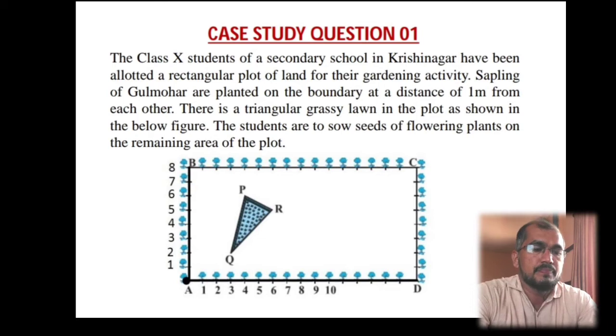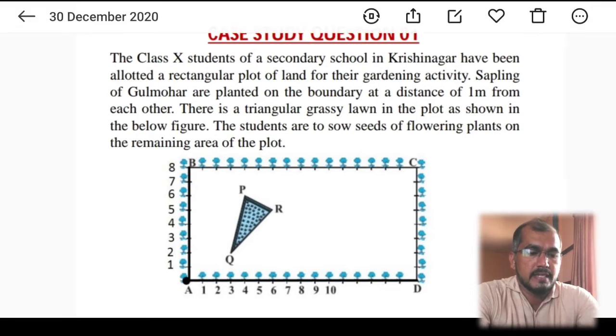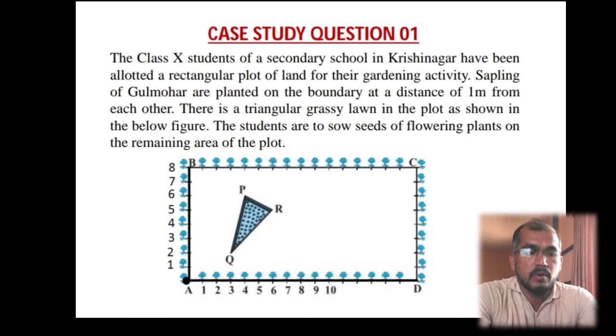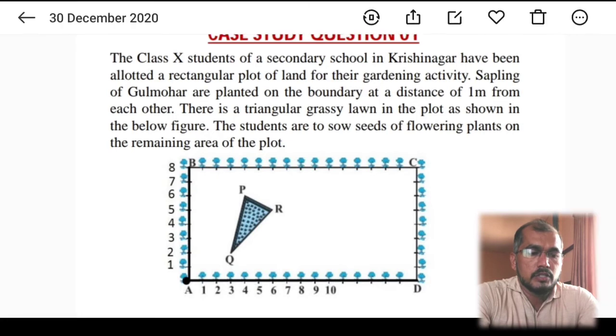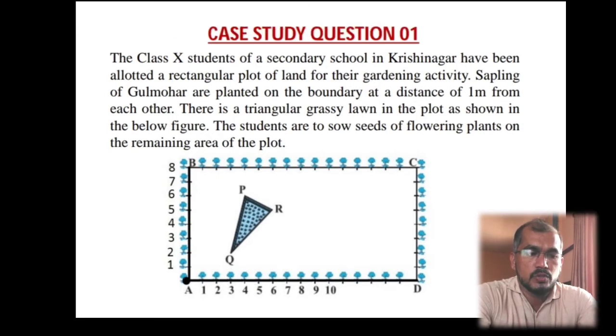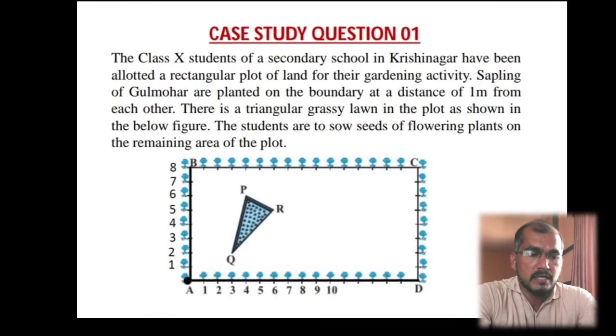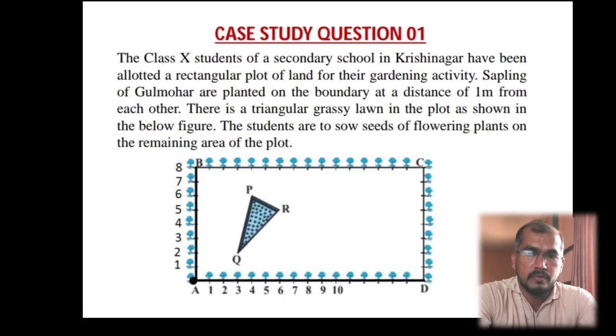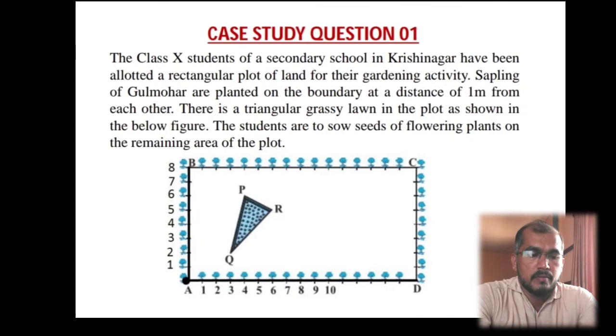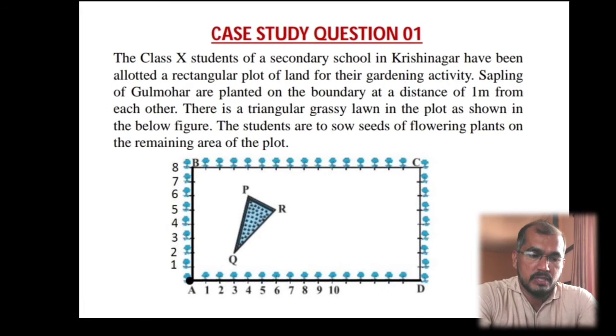There is a triangular grassy lawn in the plot as shown in the below figure. The students are to sow seeds of flowering plants on the remaining area of the plot. So this is the question, and you can see the picture also in the question.